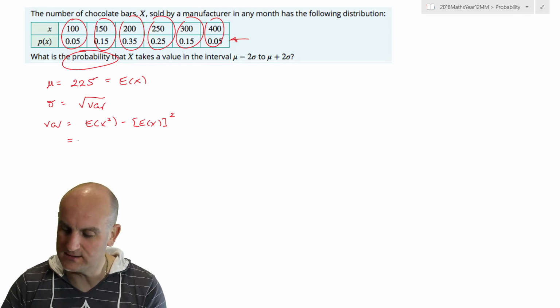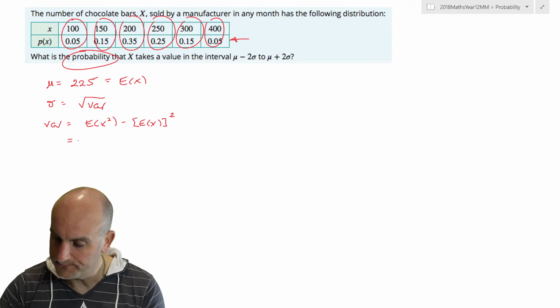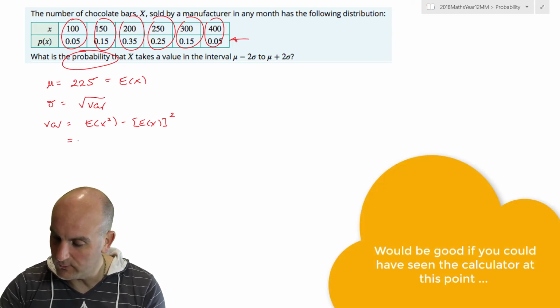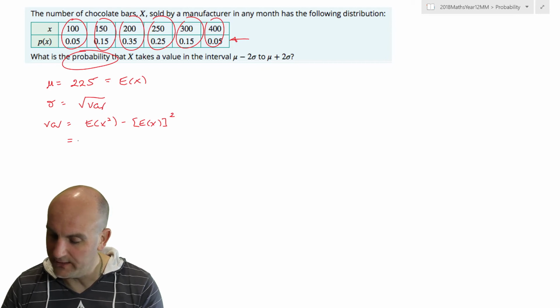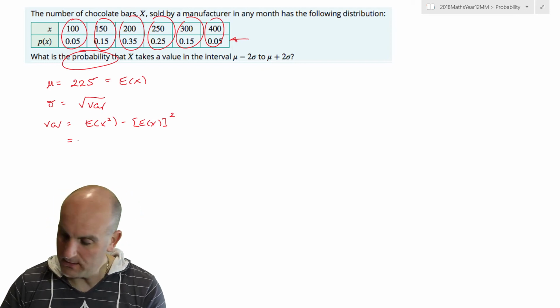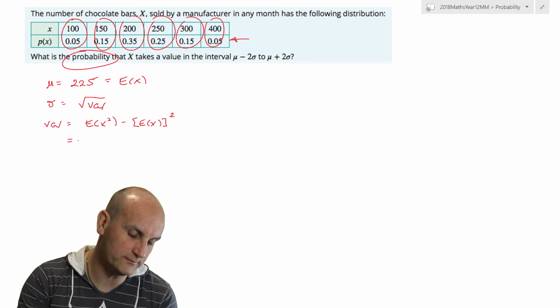I'm going to go back to the front and say 100 squared, 150 squared, 200 squared, 250 squared, 300 squared, and 400 squared. Yep, I think that's all my values, times 0.05, press enter.